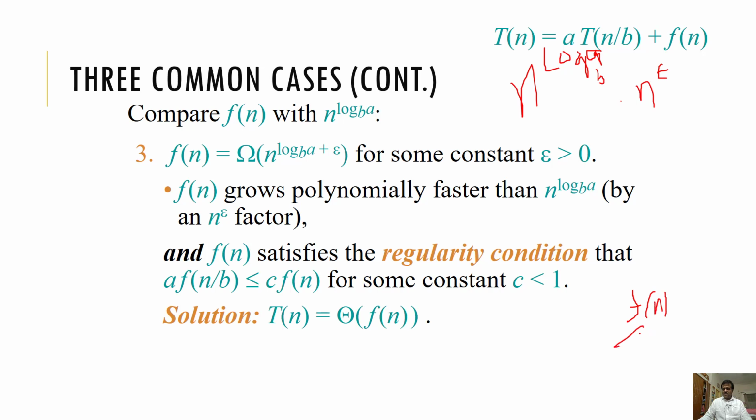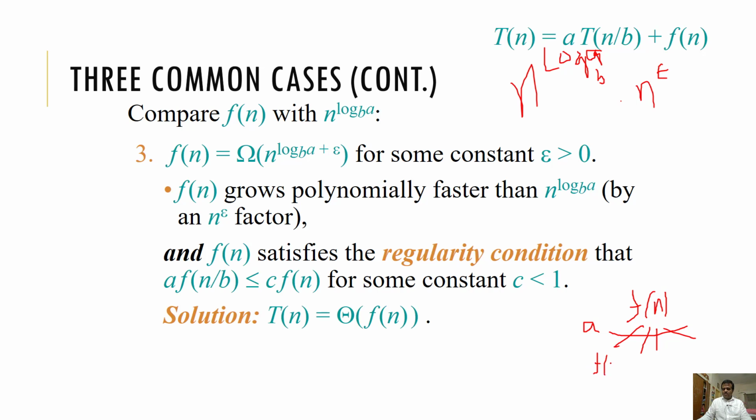Initially it was T(n), and it is dividing into a many subproblems, each of size n by b. So this is T(n by b). Again if we divide that, it will be f of n by b.